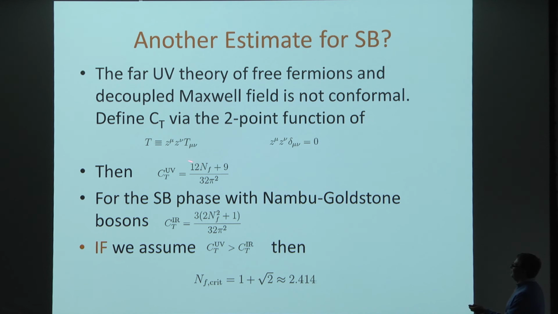And this is the contribution of free fermions. And now in the symmetry broken phase with Nambu-Goldstone bosons, we get this number, which is quadratic. You equate the two, and you find n critical, which is 1 plus √2, with basically almost no calculation, no epsilons. And also you get a much more stringent bound.